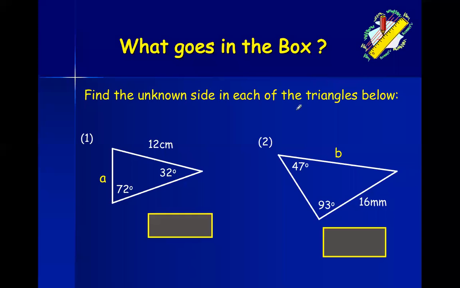So find the unknown side in each of these triangles. We're just going to do what we've done. We have A here. We're going to call that B if you want. We've got little b. So first thing first, A over sine 32 equals B, which is 12 over sine 72.